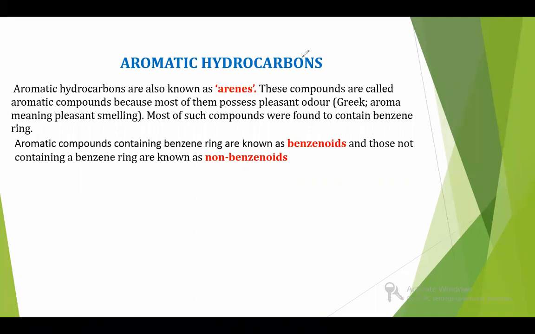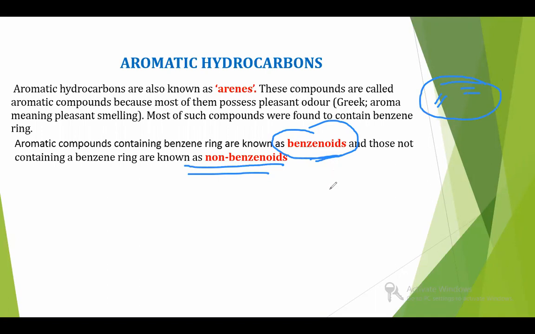What are benzenoid and non-benzenoid? Few aromatic compounds have alternate double bonds or a conjugated pi system but don't contain the benzene ring; those we call non-benzenoid.